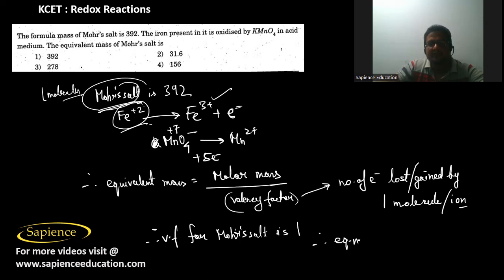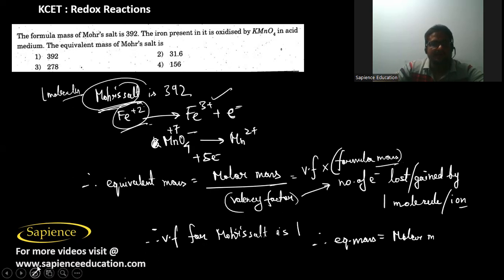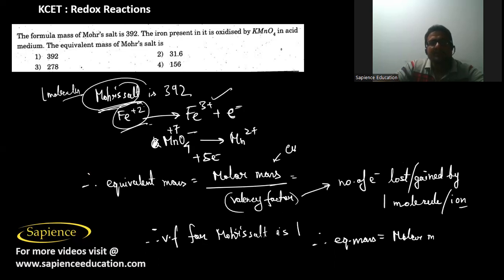So therefore the equivalent mass of Mohr's salt will be same as the molar mass or the formula mass of Mohr's salt. Here the molar mass is also called the formula mass, since it is a solid crystalline salt.